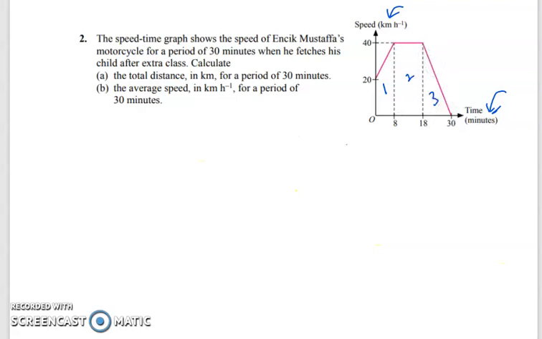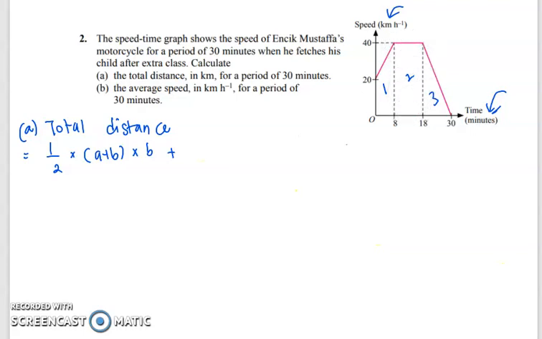So let's start calculating for question A. So total distance equal to the area under the graph. Okay, so the area for the shapes, let's just list the formula first. So area of a trapezium 1 is equal to 1 over 2 times sum of parallel side times base, plus shape number 2 is a rectangle.